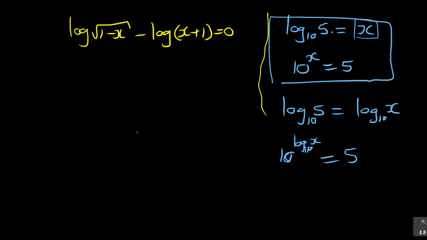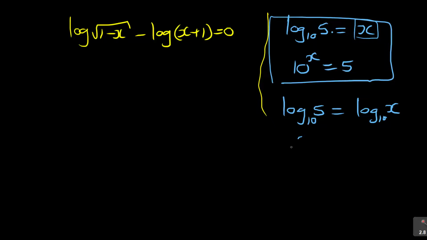So what am I trying to say? When you've got log 5 and log base 10, it's as if you are cancelling that log. Then you can say 5 is equal to x, but you don't cancel, because you can't cancel those logs when there is a 5 and an x.